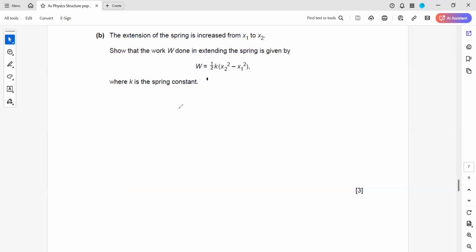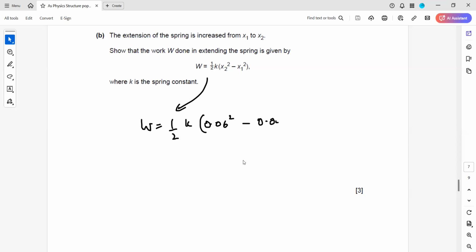So when you calculate the work done on the first spring, the work done will be half K. The new extension should be greater than the first one. So for example, it was 0.06 square minus, originally it was 0.04, or 4 centimeter, and now it is 6 centimeters, so it is greater minus smaller.